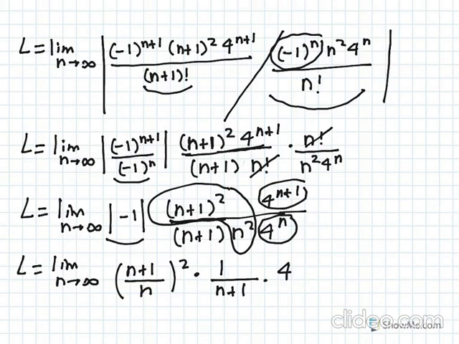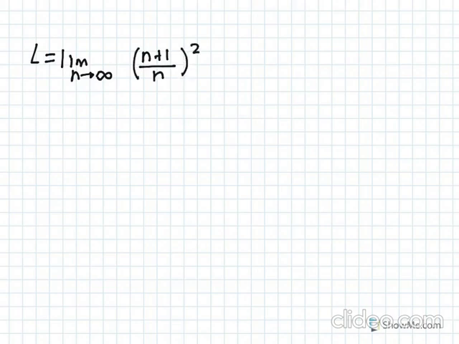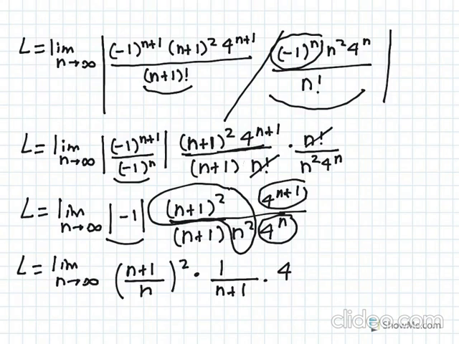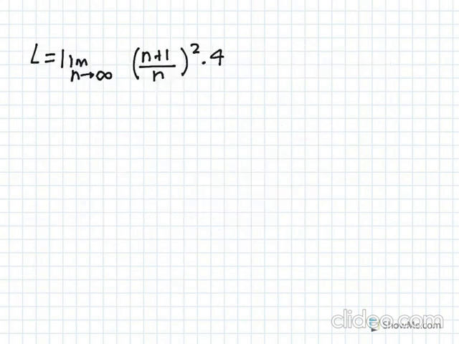All right, so how do we simplify this? Well, we have L equal to the limit as n approaches infinity. We can rewrite this as n plus 1 divided by n all squared times 4, times 1 over n plus 1.